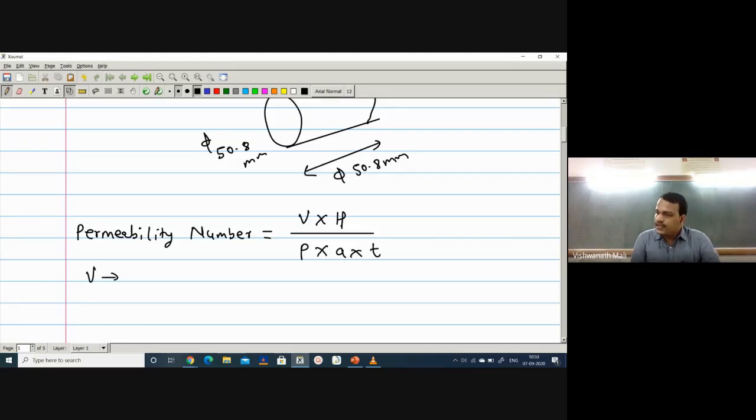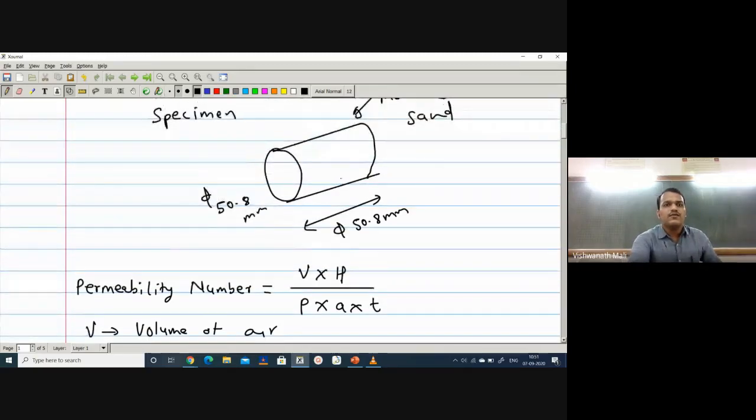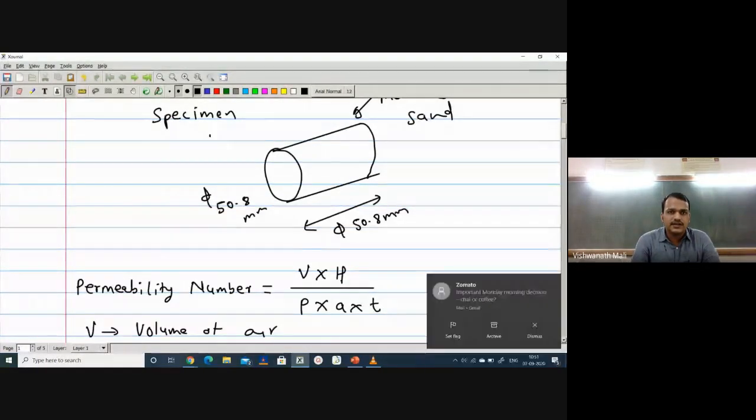So V is the volume of air. What we do in this is, first we prepare a cylindrical sample. Here you can see the cylindrical sample, right?